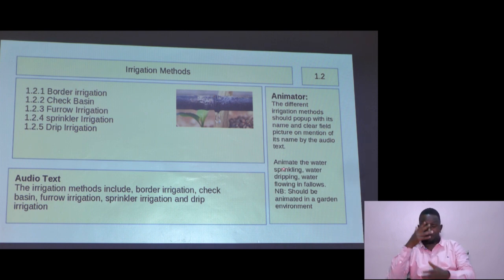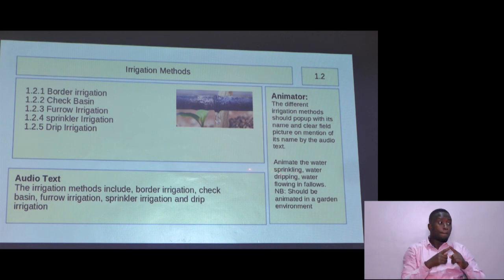So we are talking about sprinkling. I don't know whether they can understand sprinkling. I think sprinkling is more okay. And we are saying that they should pop up with its name, like this information doesn't have to be written there.